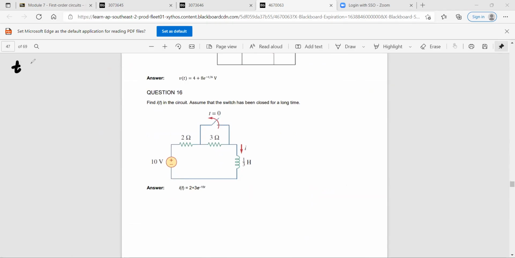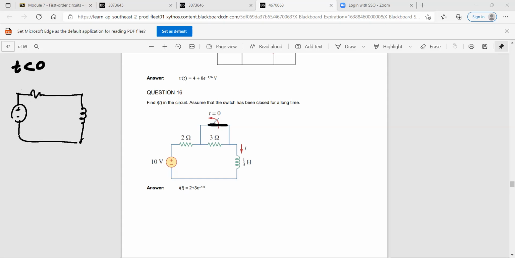Consider t less than 0. They are saying the switch was closed for a long time. So when the time is less than 0, you have a circuit like this.